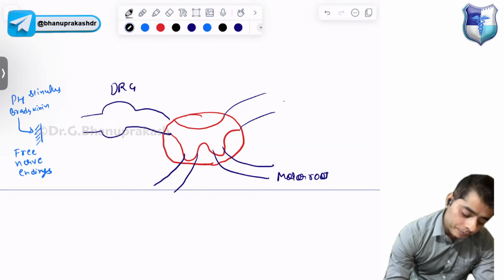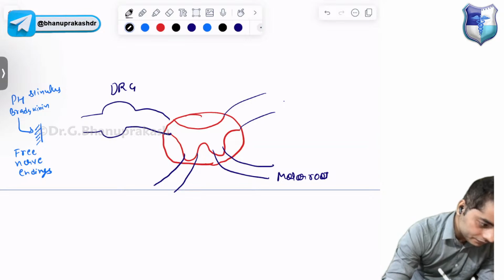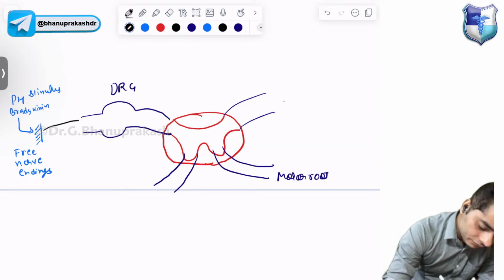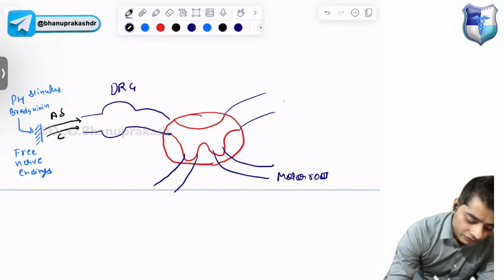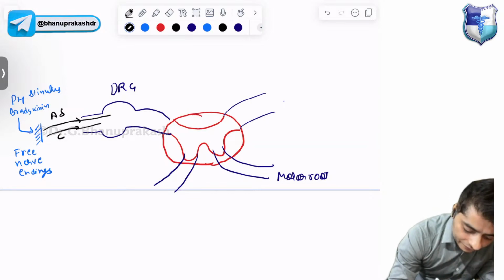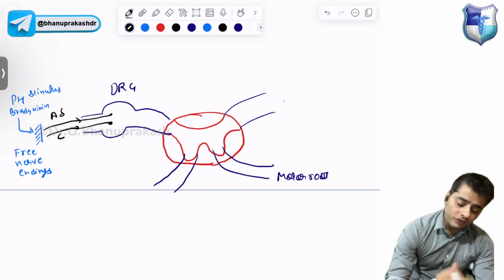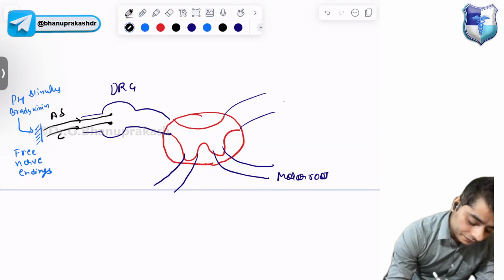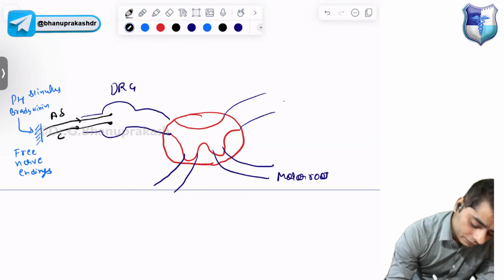Now, who will carry this pain from the free nerve endings? A delta and C fibers. This is A delta and this is C. Now the A delta and C fibers will carry pain and they will terminate at the DRG. When they terminate at the DRG, this is our first order neuron cell body.